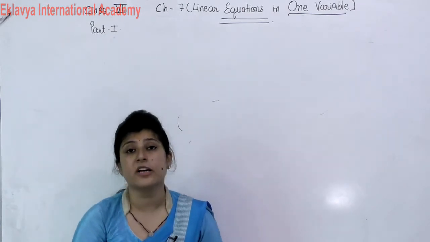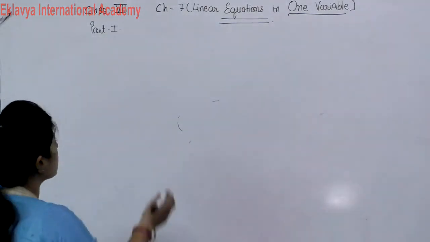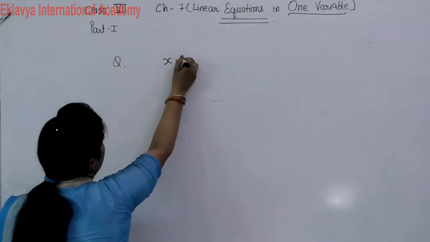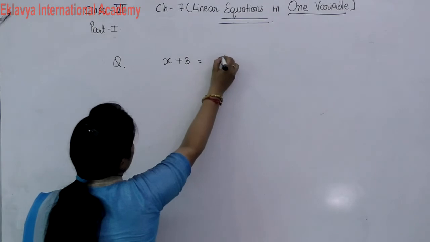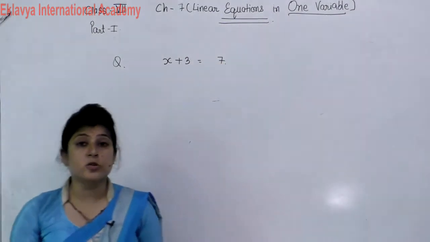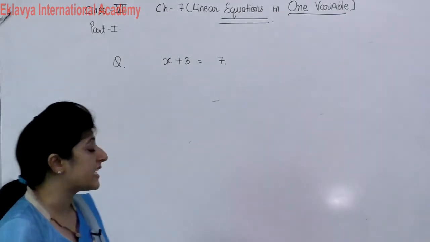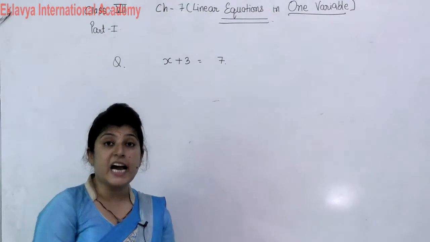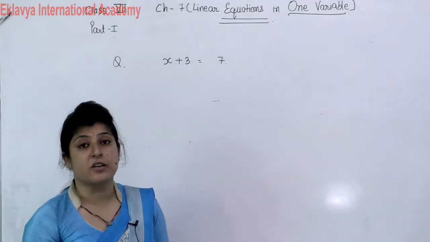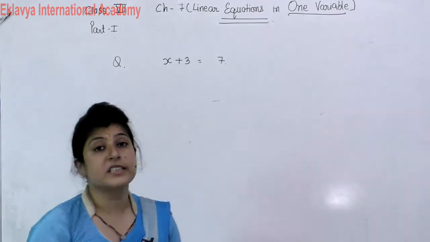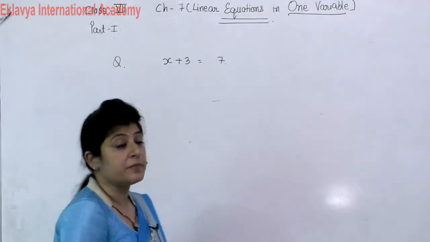What is the meaning of this? See here, with a simple equation, suppose I write x plus 3 is equal to 7. I want to solve this equation. Mentally I can solve it easily: 3 में क्या ऐड किया जाए कि 7 मिल जाए, obviously 4. But how to solve this equation algebraically?